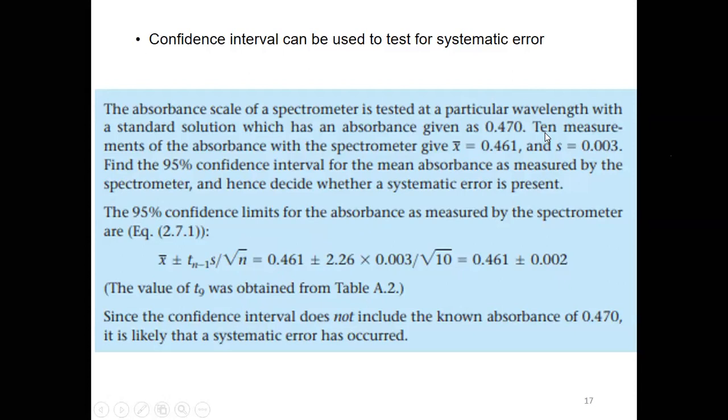There are 10 measurements, so n equals 10, then n minus 1 becomes 9. That means the degree of freedom is 9. So we have to find the t9 value from the table.